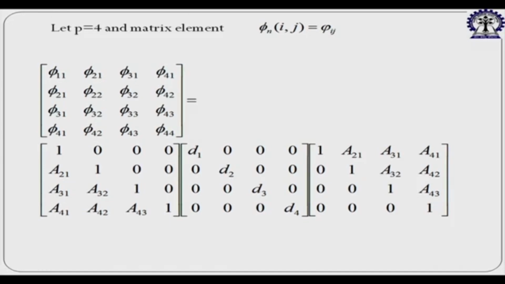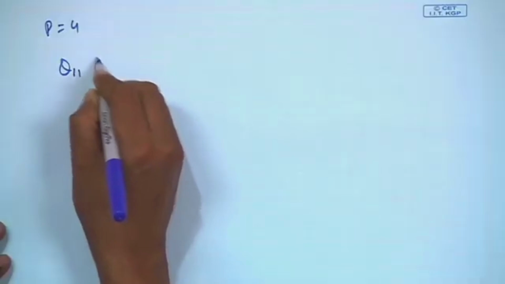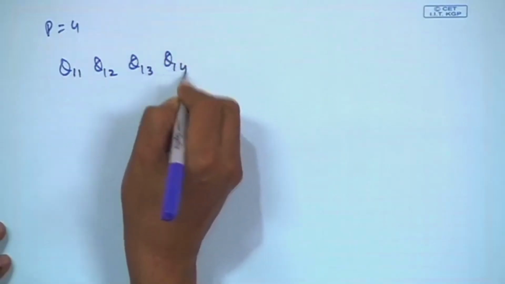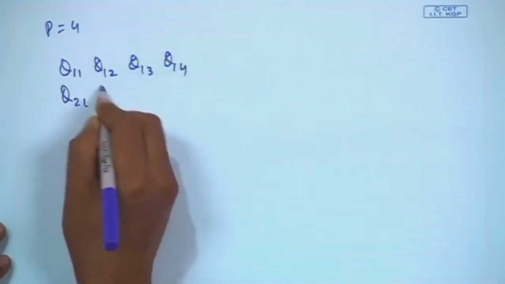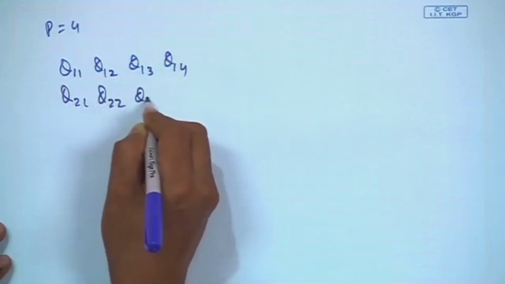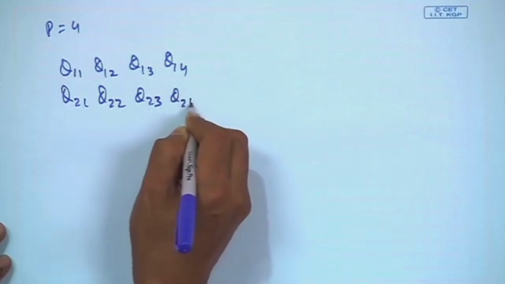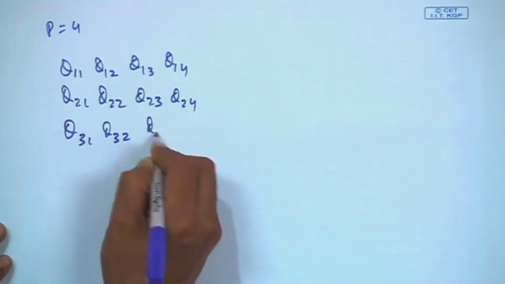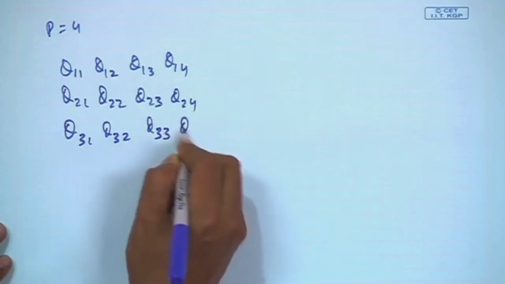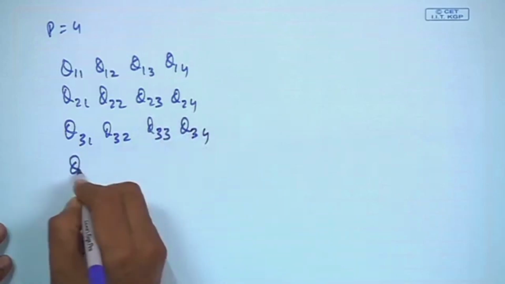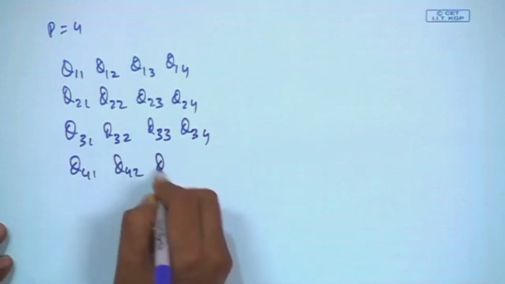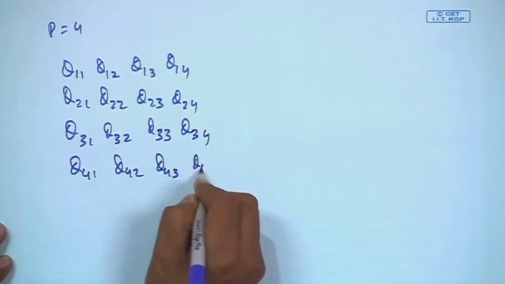So the phi matrix is phi 1 1, phi 1 2, phi 1 3, phi 1 4, phi 2 1, phi 2 2, phi 2 3, phi 2 4, phi 3 1, phi 3 2, phi 3 3, phi 3 4, phi 4 1, phi 4 2, phi 4 3, phi 4 4.